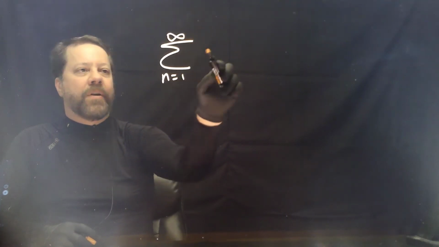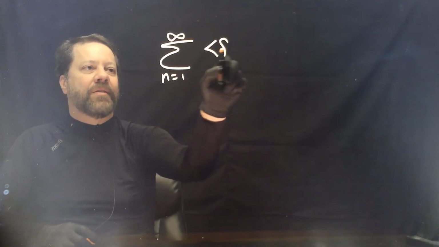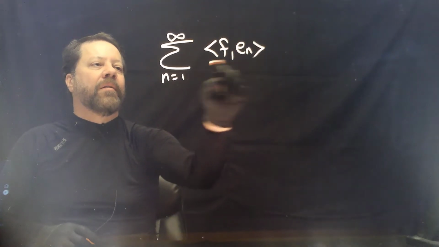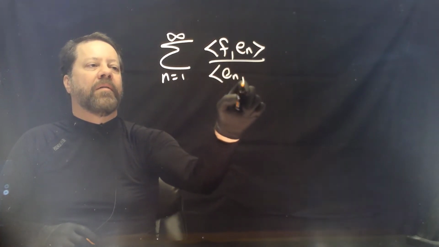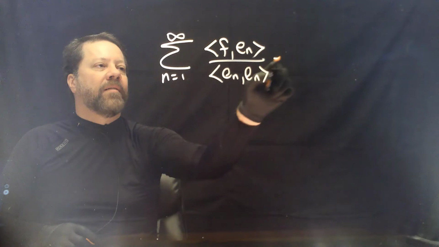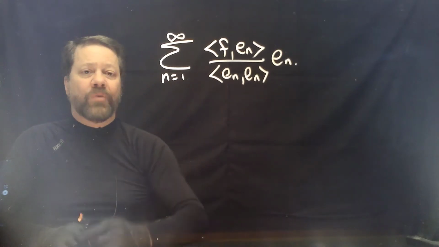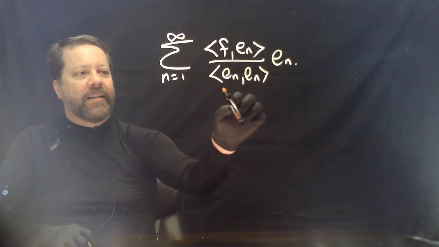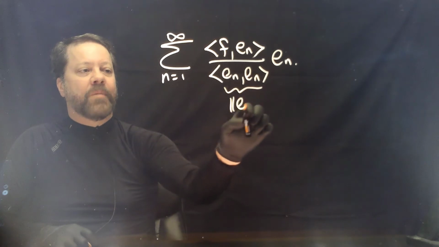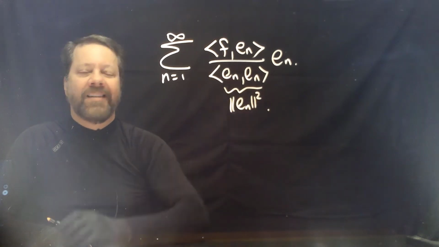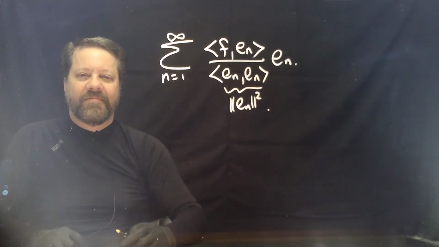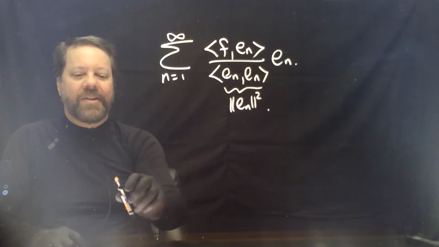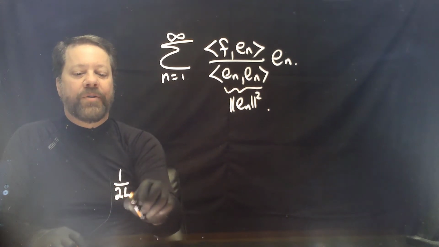However, it may be easier to write our Fourier representations without normalizing. Note that the denominator here is the norm of En squared. Our Fourier representation in this case will be 1 over 2L.